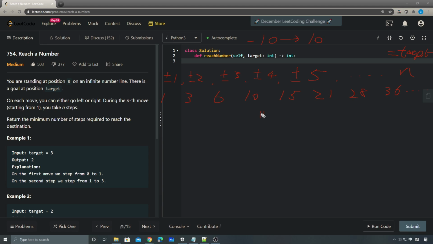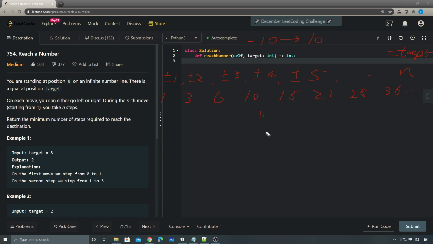So the first observation is this: as long as the delta is an even number, then we can always flip some of the numbers from plus to minus to get the target 11 within these n moves.